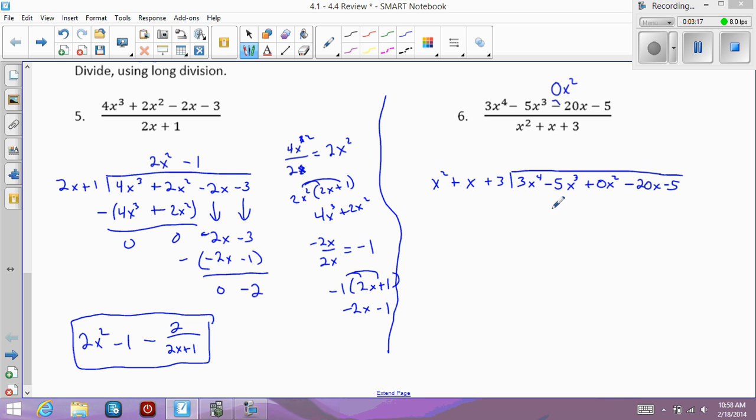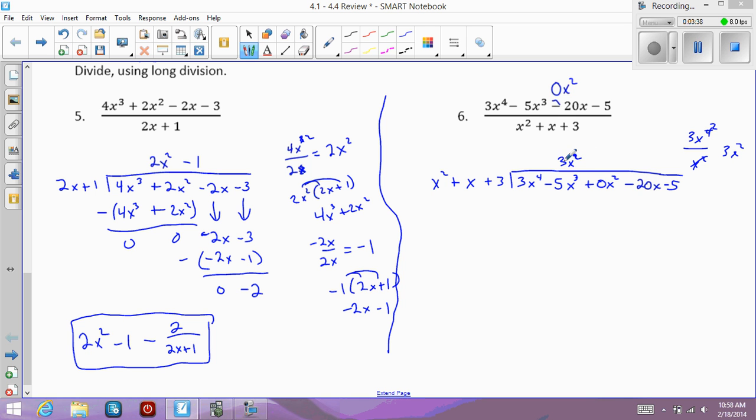Same process. We're going to take the 3x to the fourth and divide that by x squared. And here, these two will cancel out 2 at the top to give us x squared, and we get 3x squared. So we put that up here, 3x squared.